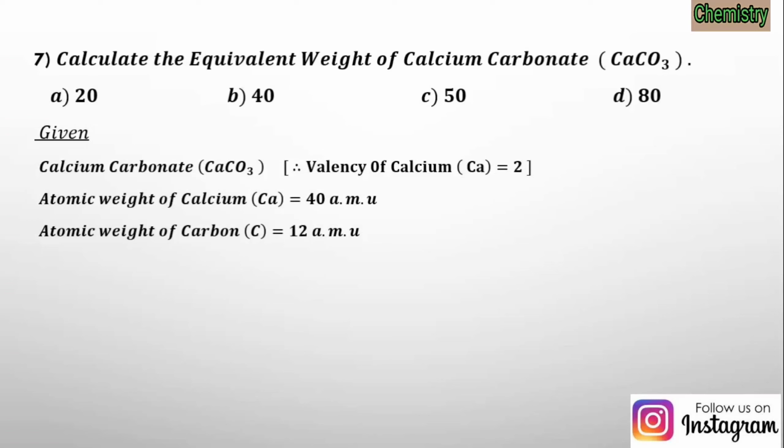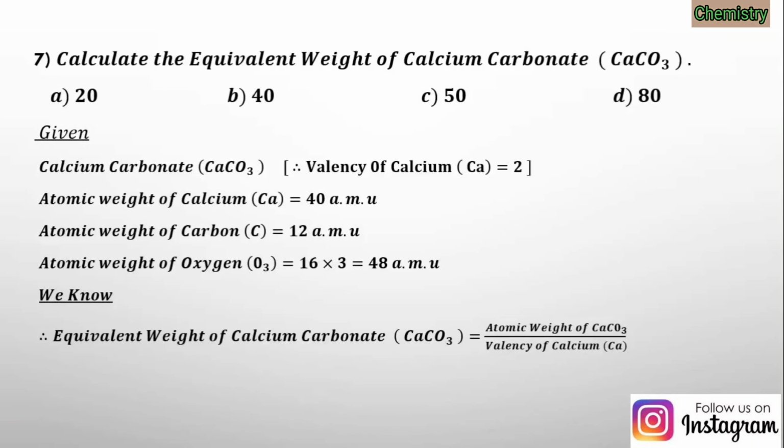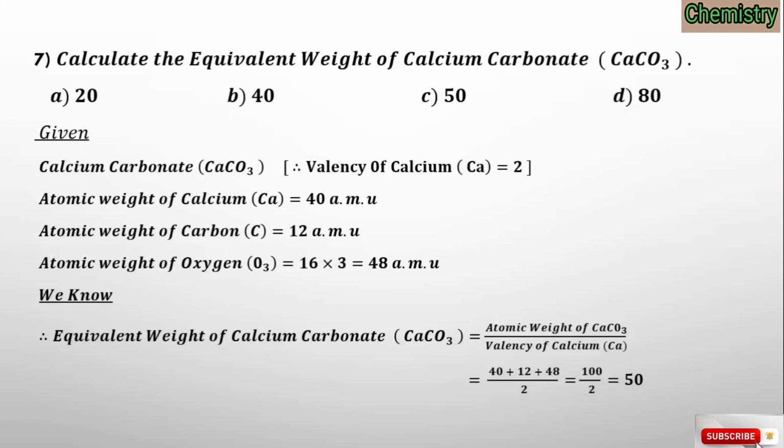Atomic weight of calcium is 40, carbon is 12, and oxygen is 16. There are 3 oxygen atoms, so multiply 16 into 3, that is 48. That is 40 plus 12 plus 48 divided by 2, 100 by 2, 50. Equivalent weight of calcium carbonate is 50.